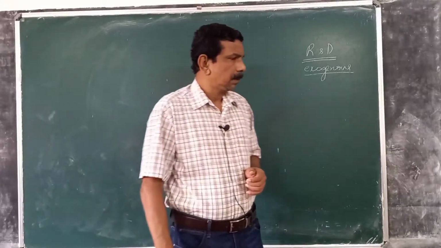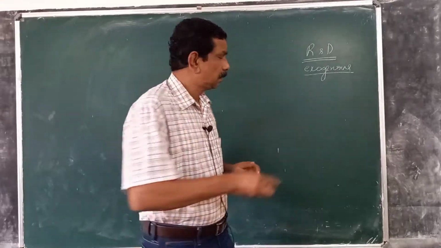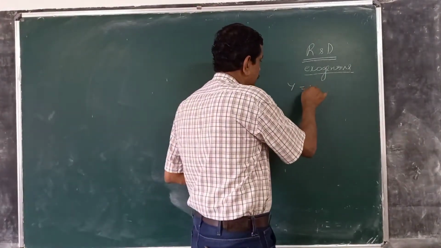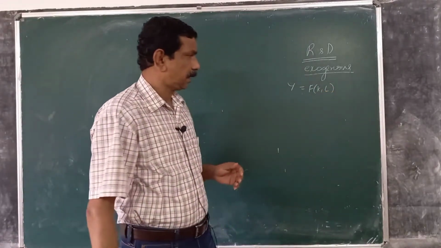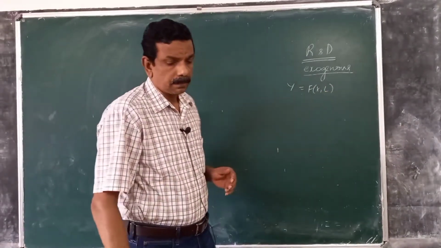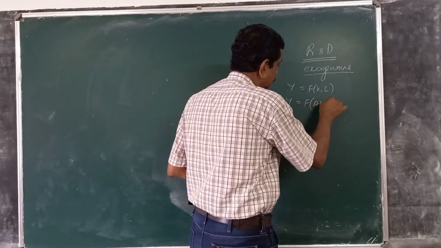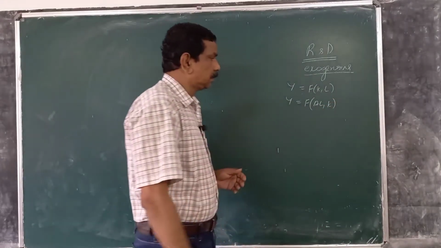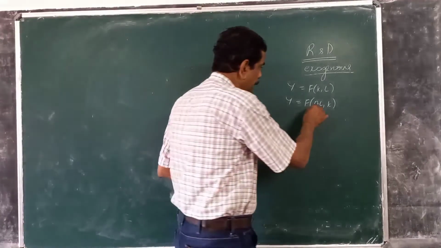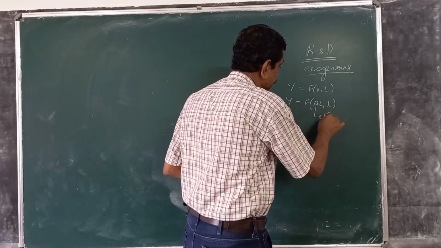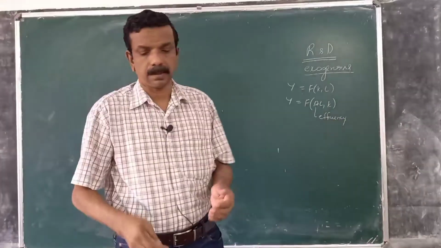So to incorporate technical progress into the production function, consider the production function which we have considered earlier. Y is a function of K and L, and we now write Y as equal to a function of K and AL, where A is the efficiency of labor. It is a new variable.